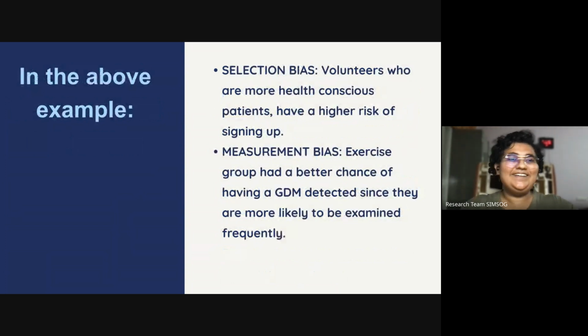Let us look at what I wrote for this example. Like you said, selection bias: the volunteers who are more health conscious have a higher chance of signing up. We can have a measurement bias, like the Hawthorne effect. Since they are being examined more frequently, they also have a better chance of adhering to the exercise regimen than those who are not being examined.